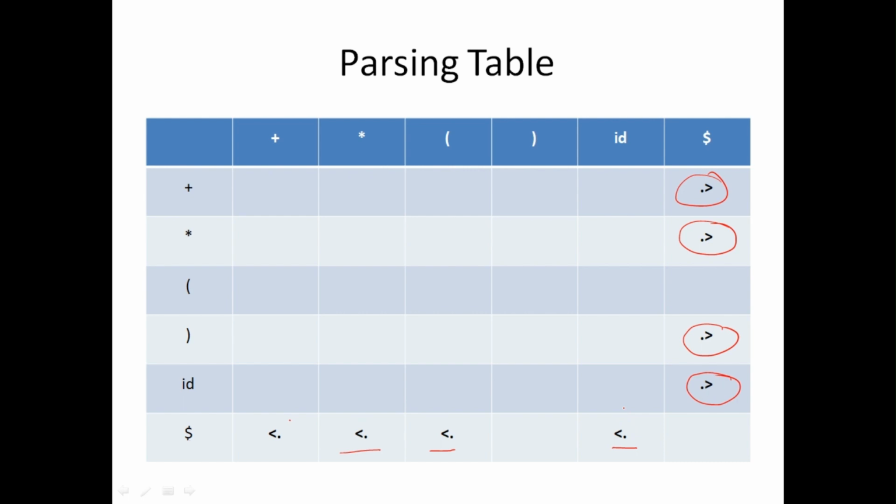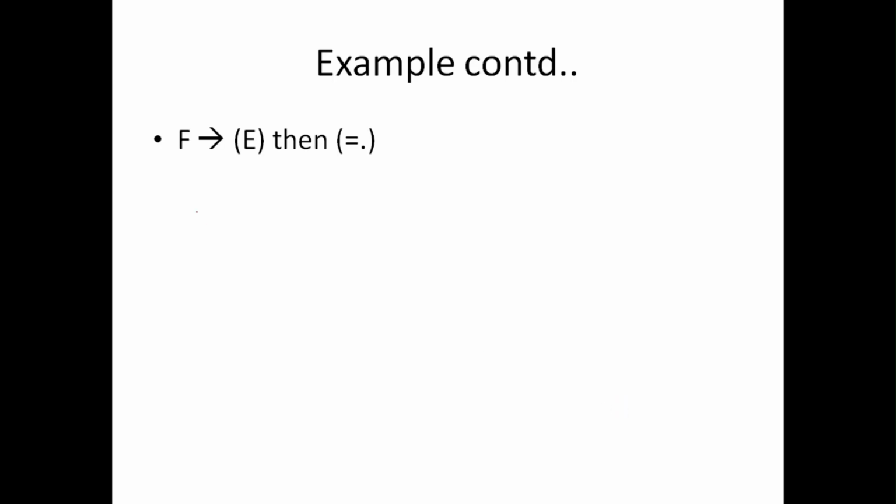Fine. Next, if this is the production, F is rewritten as opening parenthesis followed by E and closing parenthesis. If you remember, two terminal symbols with a non-terminal symbol in between have the same precedence level.